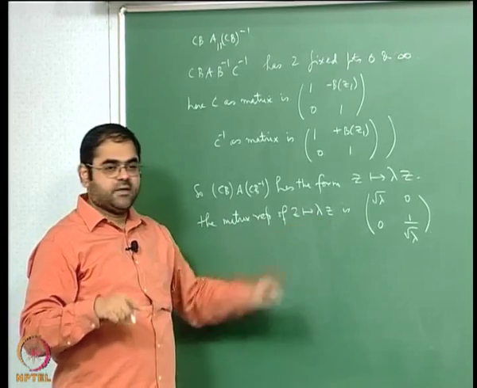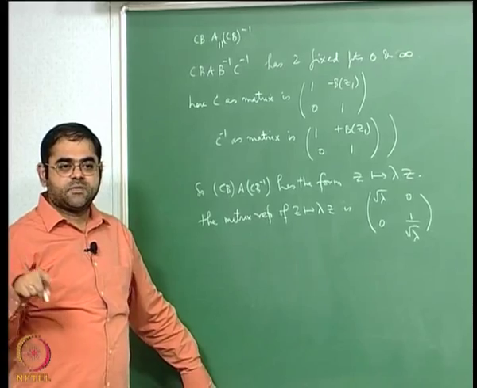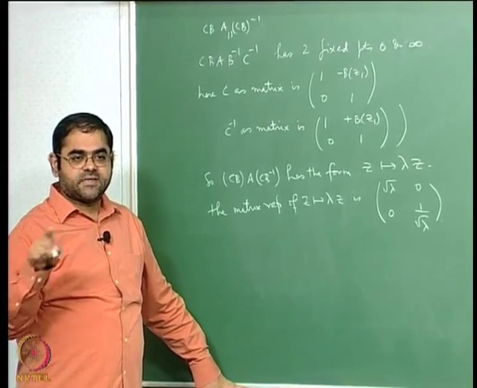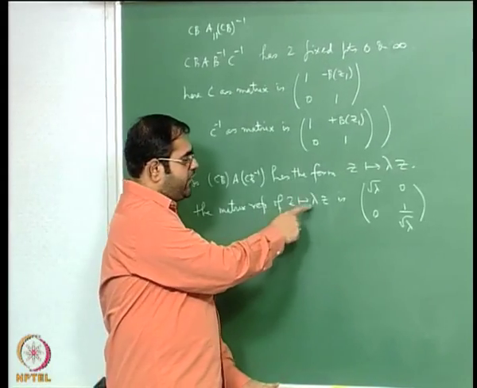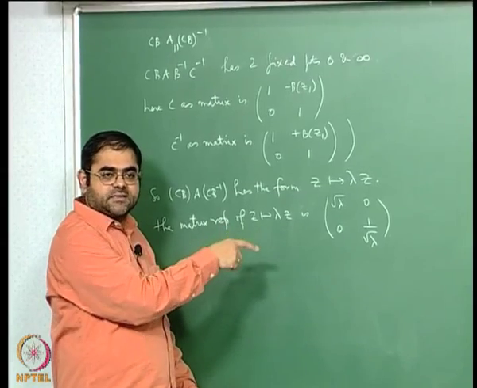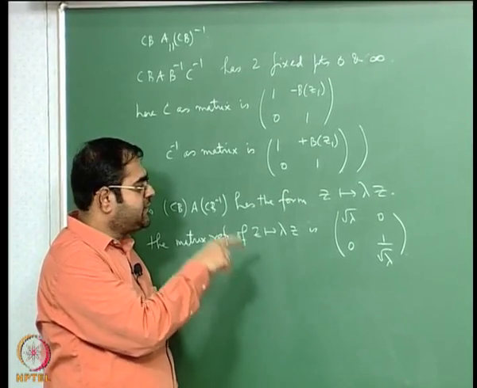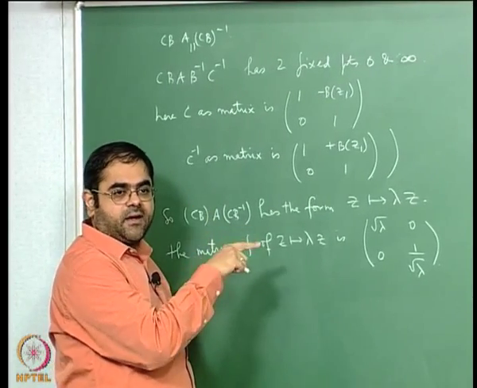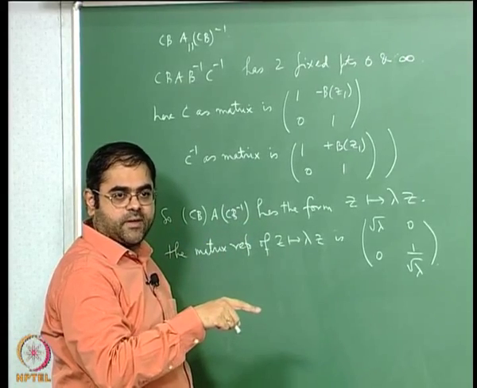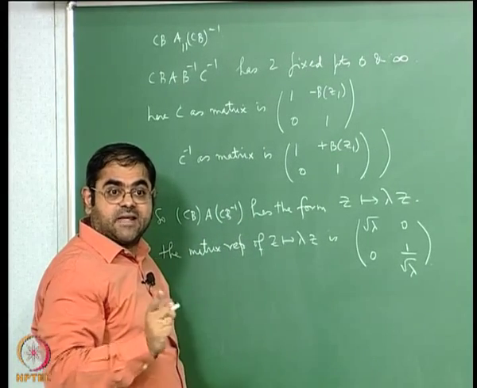If I write z going to az plus b by cz plus d as a matrix a b c d, then z going to lambda z, as a matrix, will be just lambda 0 0 1. But the determinant of that matrix is lambda.